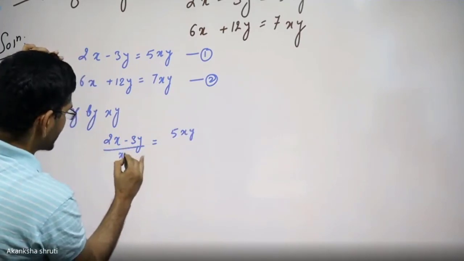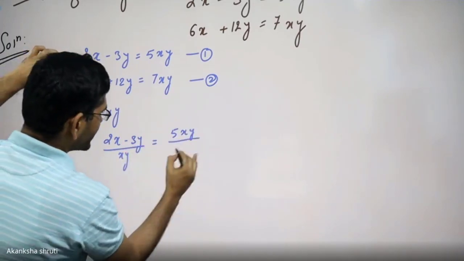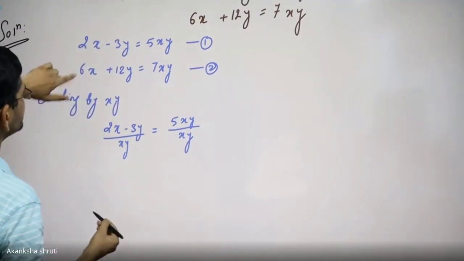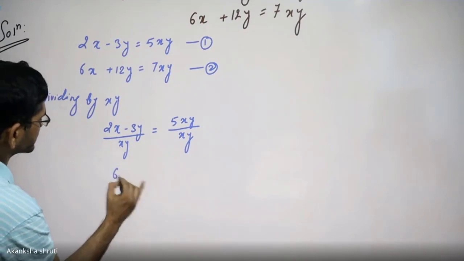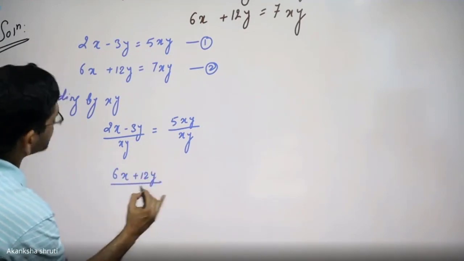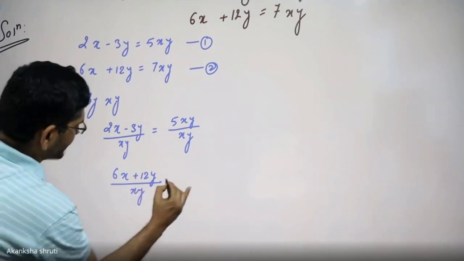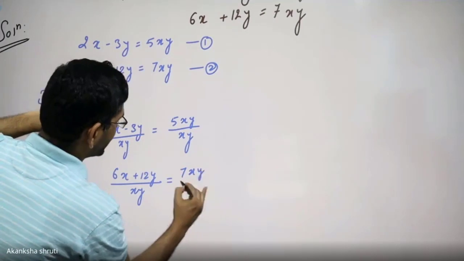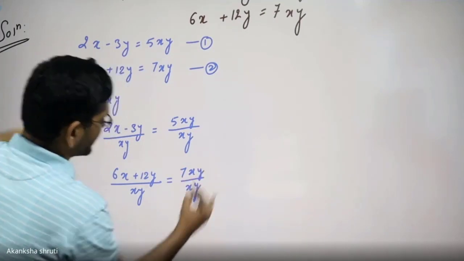So the left hand side needs to be divided by xy, and the right hand side needs to be divided by xy. The same thing we have to do for the second equation also. 6x plus 12y needs to be divided by xy on the left hand side, and the right hand side 7xy also needs to be divided by xy.